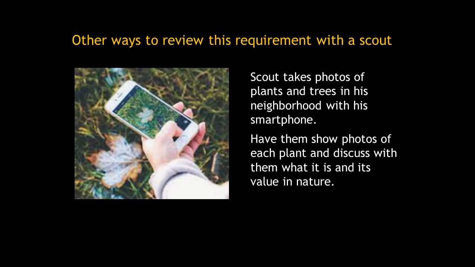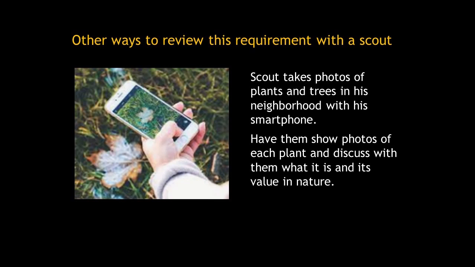Now, as described in the Scout Handbook, there are other ways in which a scout can demonstrate his knowledge of different plants, and that is with his smartphone. It's not my preferred way to do it, but I can understand in cases where you can't get around, or you're on campouts or so, and a scout wants to review this requirement.